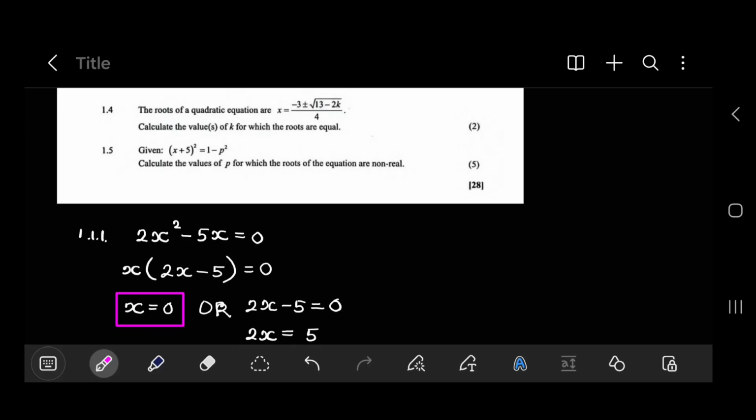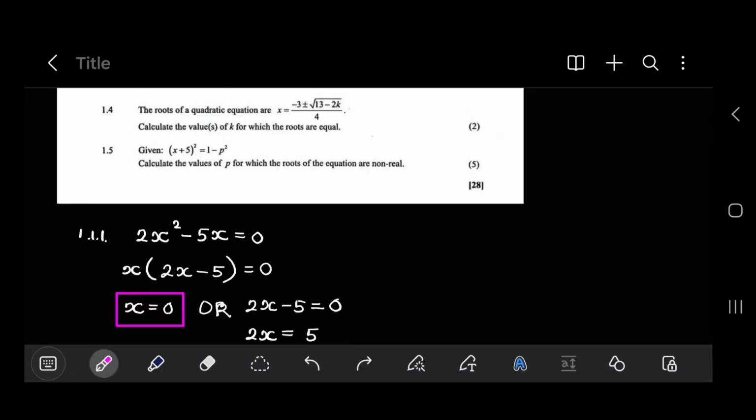Now what we know is that when it comes to nature of roots, we work with the discriminant. And where is the discriminant located? The discriminant is actually located underneath the square root of your quadratic formula. So that is where it lies. So here, if you look at your quadratic formula, what's underneath the square root, that is actually your discriminant.